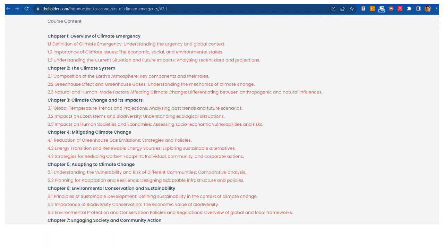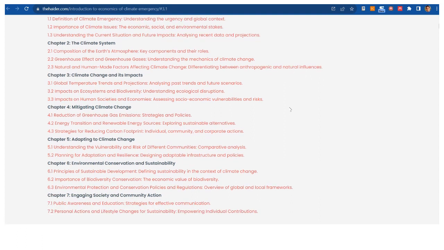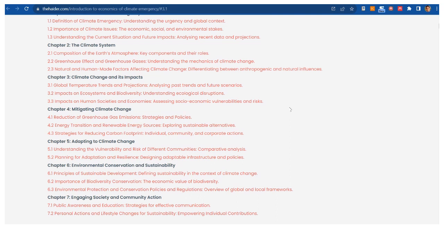We have covered chapter 3 here, and we were talking about the temperature change. Especially we were talking about the change in the temperature. This is not only the change in the temperature, but there is a change in the precipitation also.